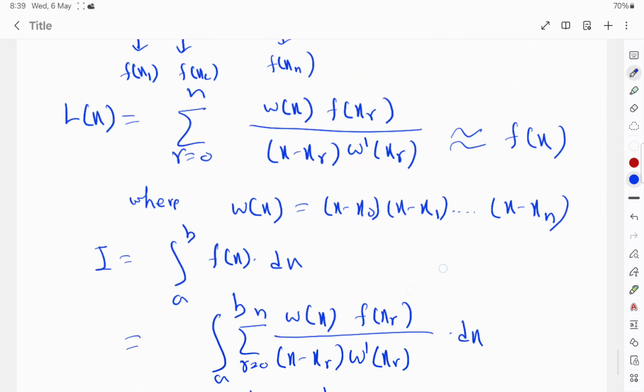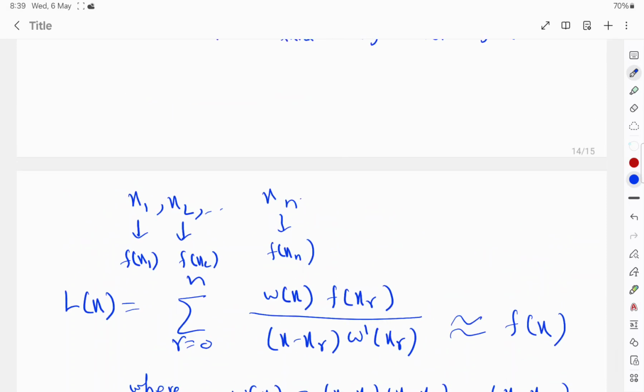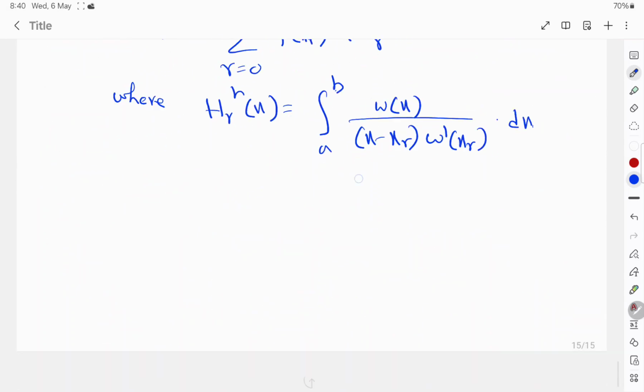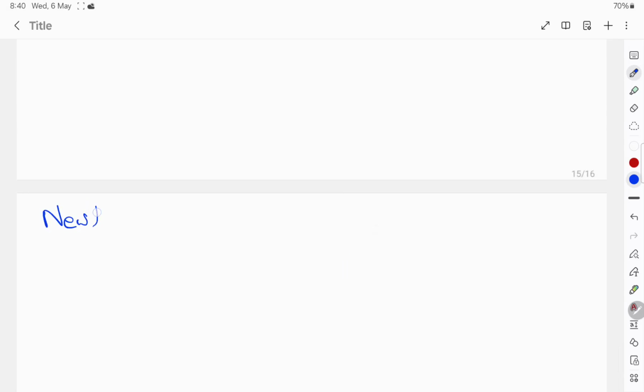So now I am going to the Newton-Cotes, which comes from Lagrange interpolation, right?